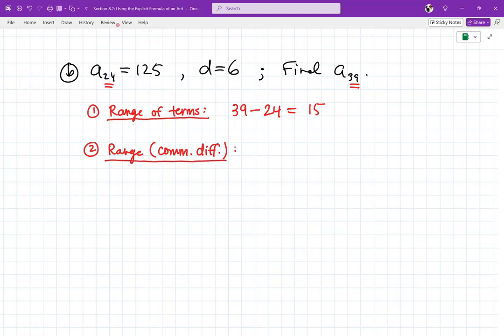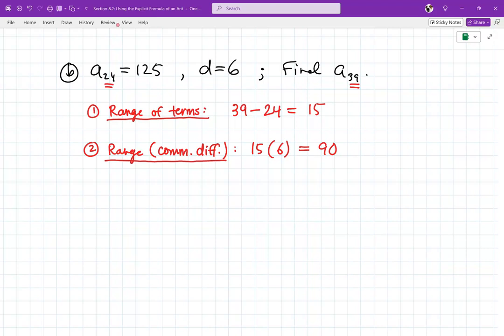Well, that's 15 times 6. That's 90. Okay, so the range, that's 15 times 6. So 6 times 5 is 30. You carry that 3 over. 6 and 1 is 6 plus 3 is 9, right? So we got 90 right there.